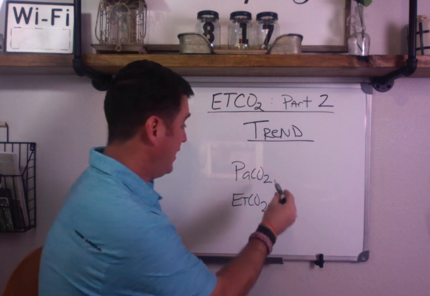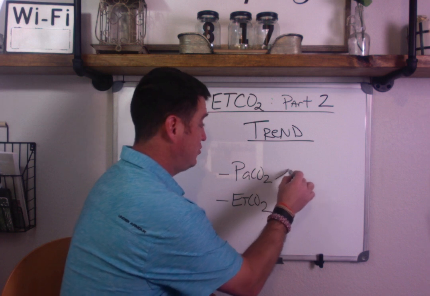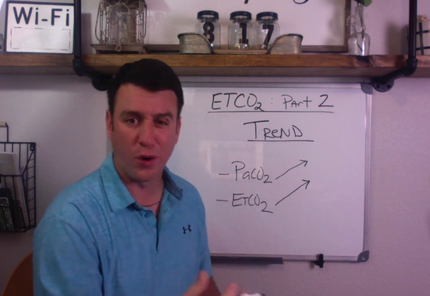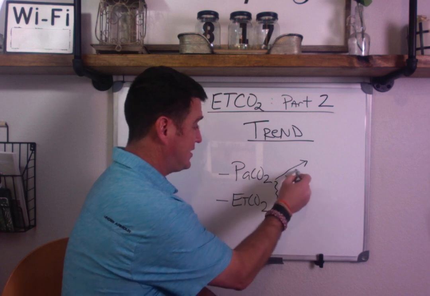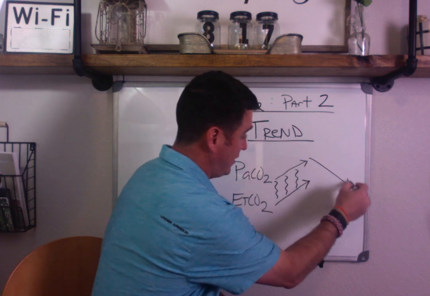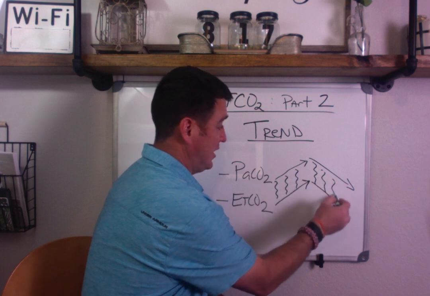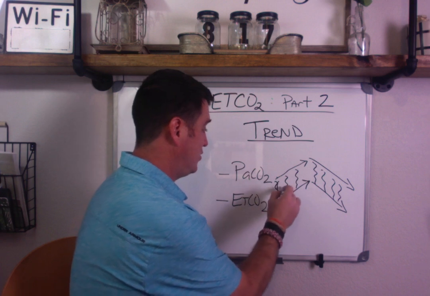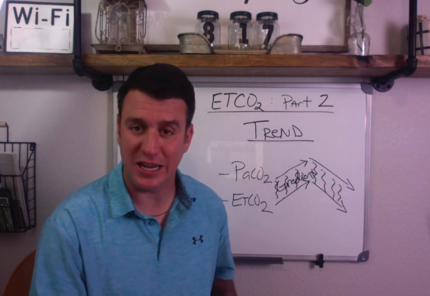But for right now, what we know about arterial CO2 and end-tidal CO2 is that if arterial CO2 goes up, then end-tidal CO2 will proportionally increase. So your gradient here stays the same. Now, if arterial CO2 goes down, you will see your end-tidal go down proportionally. Your gradient stays the same. The difference between these two is your gradient.